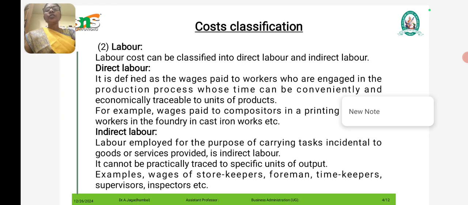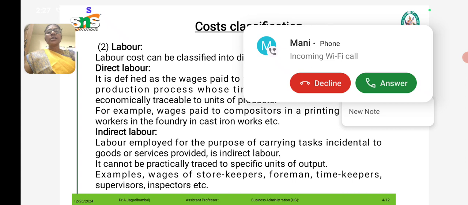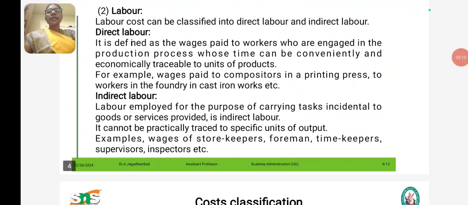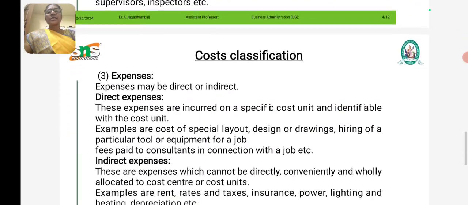They are not directly involved in production, but they are under the control of production, because supervisors supervise all the goods and employees, so it is called indirect labor. Direct labor is directly involved in production; indirect labor cannot be practically traced to units.